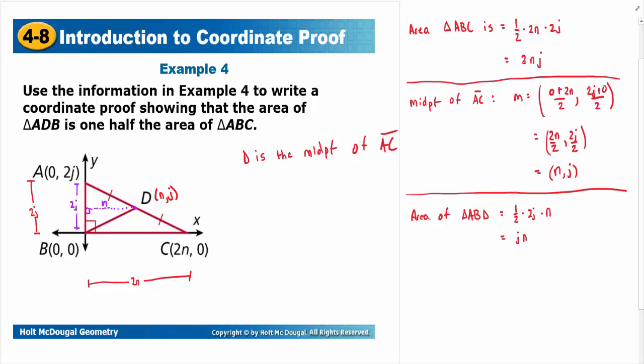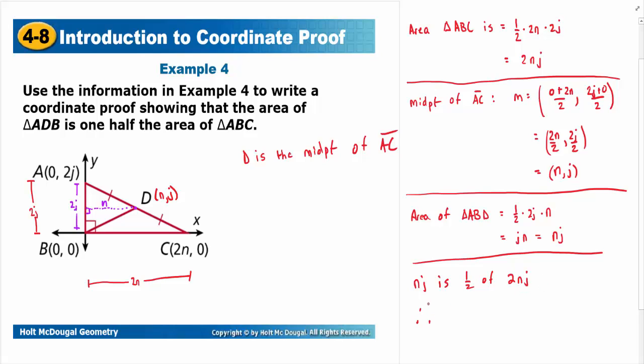Now hopefully here you can see that I had 2jn. Here I just have jn, which is nj. So as you should hopefully see, that's half, right? This is half of 2nj. So I can say that nj is 1/2 of 2nj.